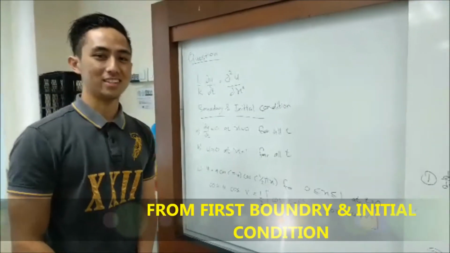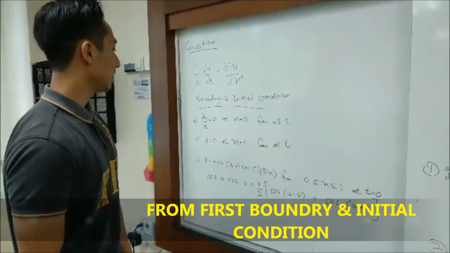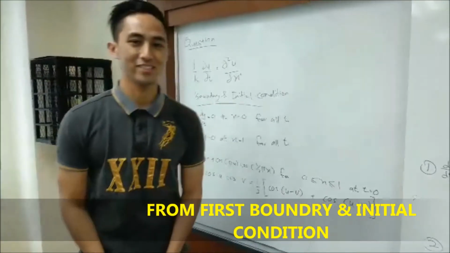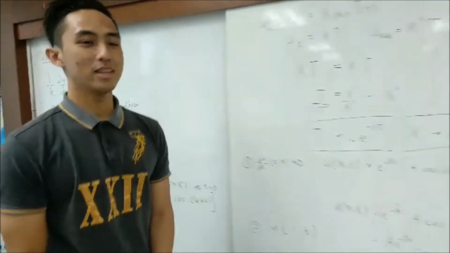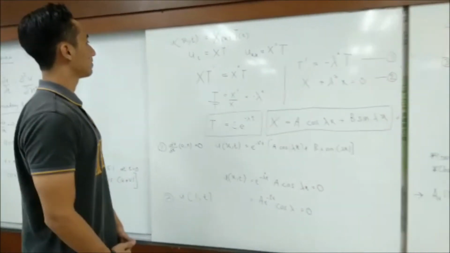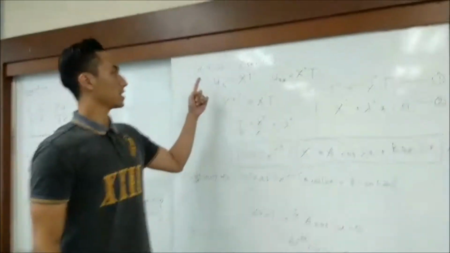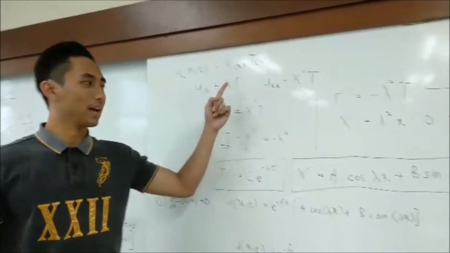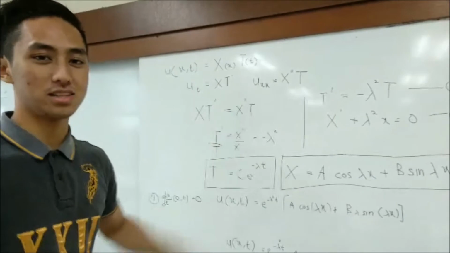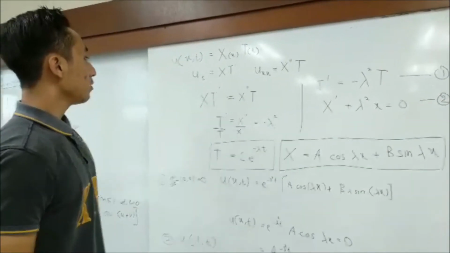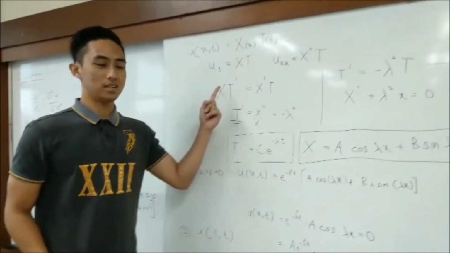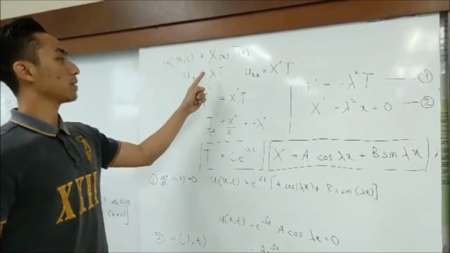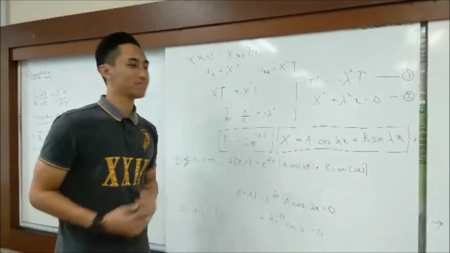Okay, from the question 1, du over dt at x equal to 0, we need to find for all t. So we get u(x,t) equals capital X times capital T. Then we differentiate u in terms of t, and we will get capital X and capital T prime.